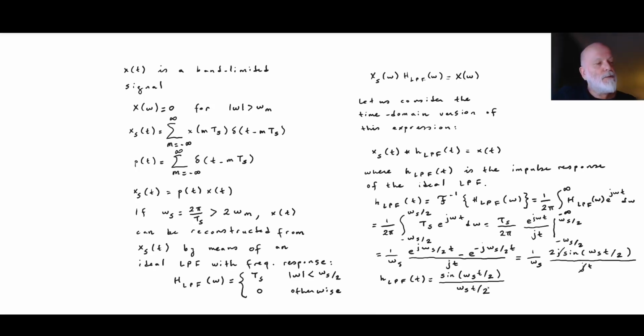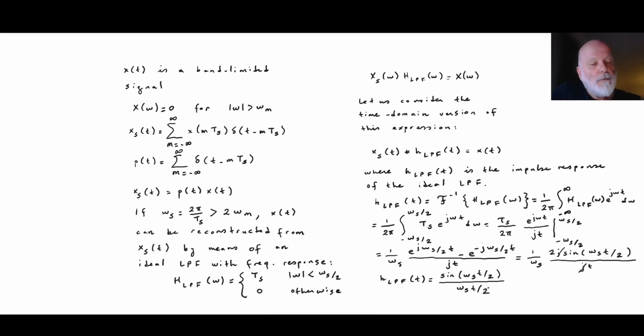Okay, so the impulse response of the ideal low-pass filter is in fact a sinc function given in this form, sine omega s t over 2 divided by omega s t over 2.